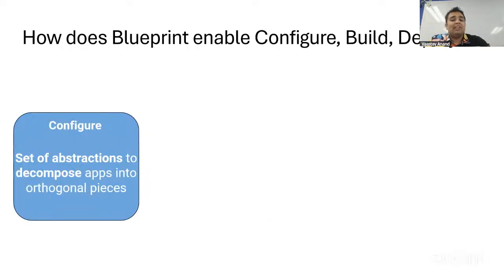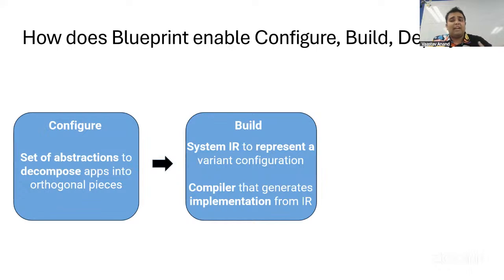Blueprint provides a set of abstractions to decompose an application into three independent orthogonal pieces that represent a unique variant of an application. Blueprint provides a microservice specific intermediate representation to represent these variants, which is then used by Blueprint's novel compiler to generate a variant implementation of a system.